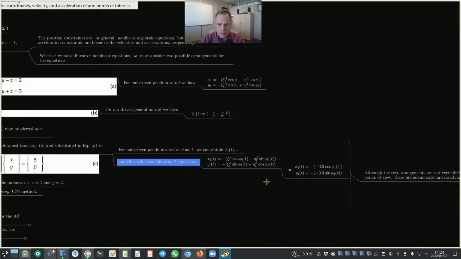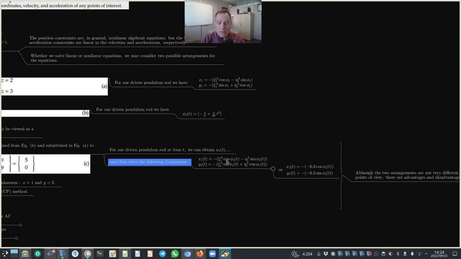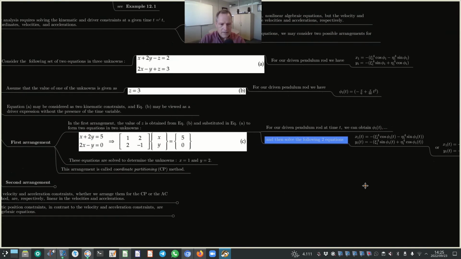If we substitute the values of Xi A1 and Eta A1, where Eta A1 is 0, if you remember, and Xi A1 has the value minus 0,3, we get these two equations.